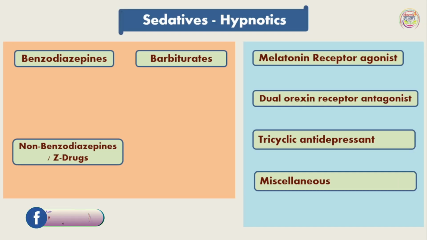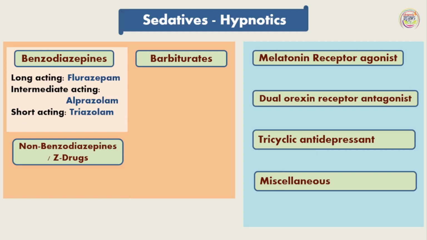Now coming to the classification of sedatives and hypnotics. We mainly classify them into benzodiazepines, barbiturates, non-benzodiazepines or Z drugs, melatonin receptor agonists, dual orexin receptor antagonists, tricyclic antidepressants, and a miscellaneous category.